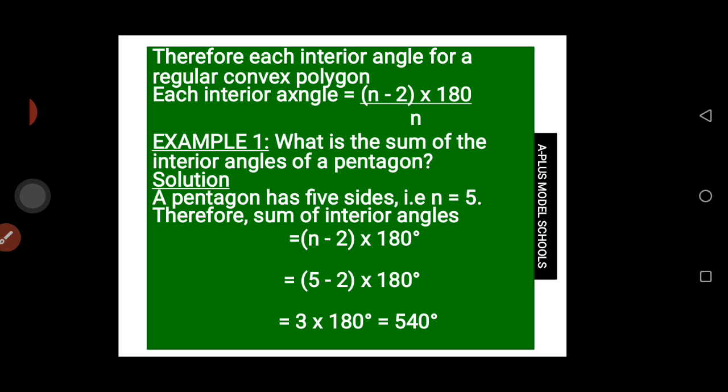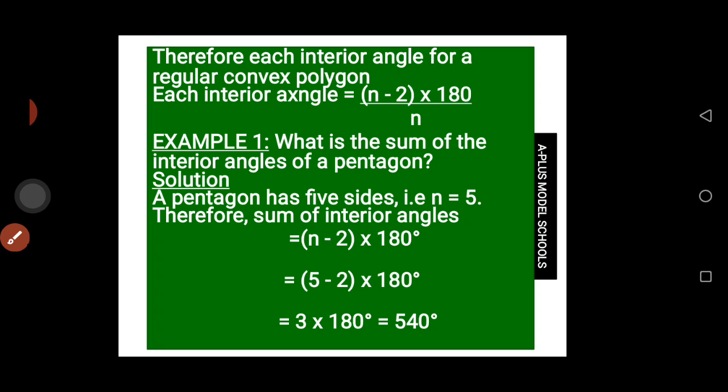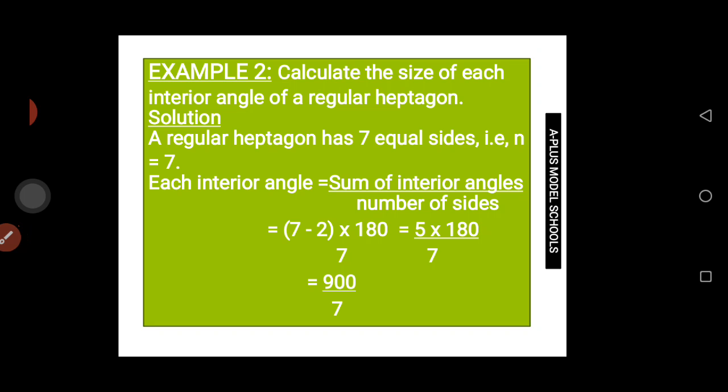That is 5 minus 2 multiplied by 180 degrees. And 5 minus 2 will give us 3. So 3 multiplied by 180 degrees will give us 540 degrees. So it means the sum of interior angles in a pentagon is 540 degrees. Very simple.